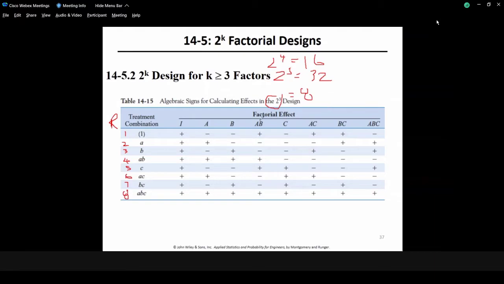Okay. This is the main effect of A, main effect of B, main effect of C, and then AB.